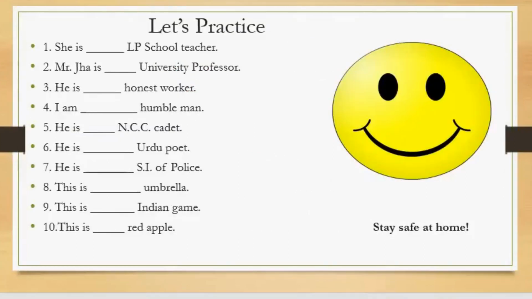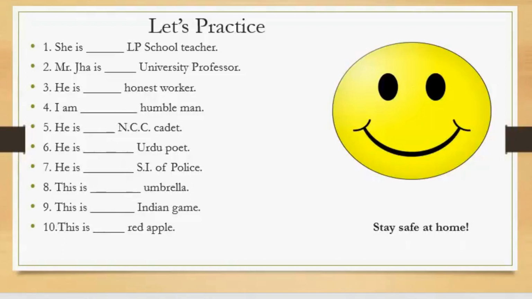Let's practice. Let's see how you have understood and how you will be able to answer these simple 10 sentences. I'll read them out for you twice so that you will understand the pronunciation very clearly and use the article accordingly. She is dash LP school teacher. Mr. Jha is dash university professor.